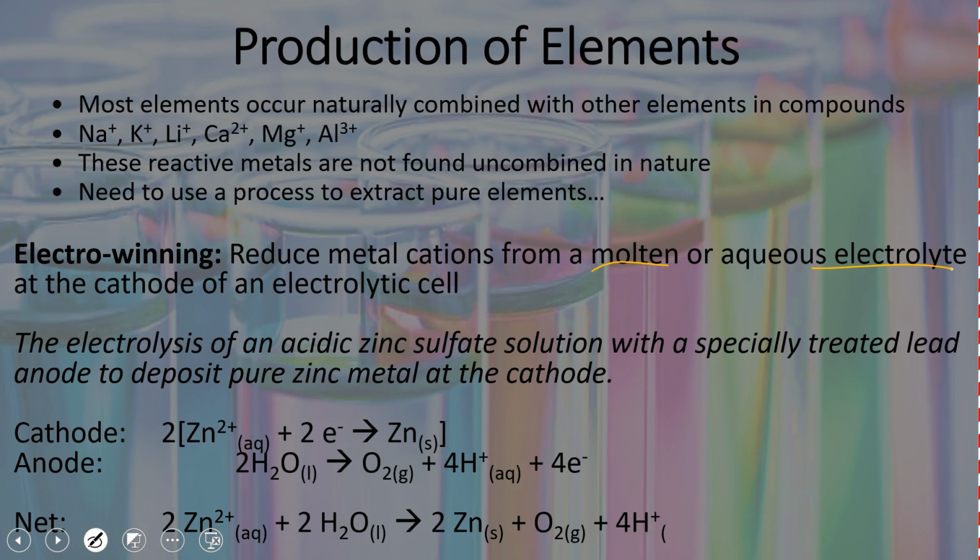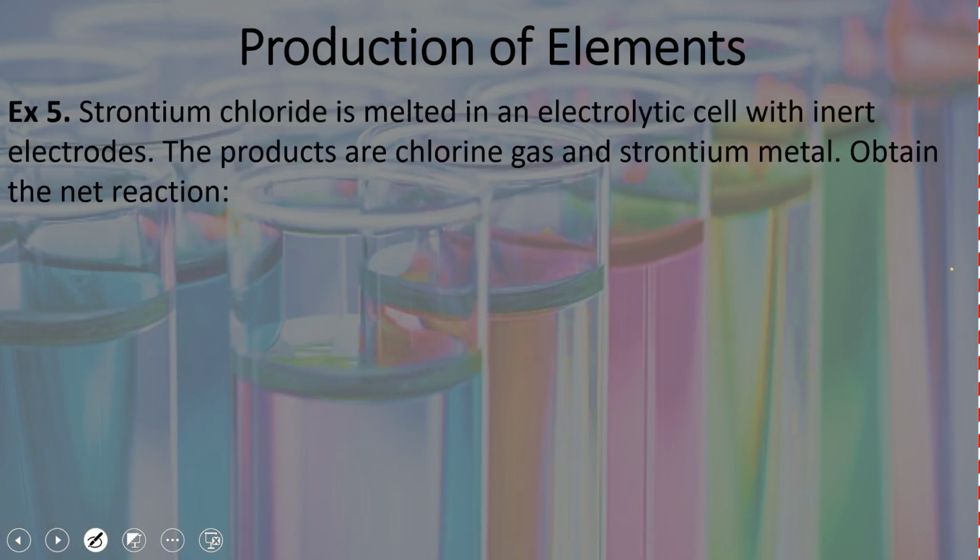There's a few things that I want to write down, but I'll highlight them as I go through it. So here's an example of a question that talks about production of metals, or production of elements. Strontium chloride is melted in an electrolytic cell with inert electrodes. The products are chlorine gas and strontium metal. Obtain a net reaction.